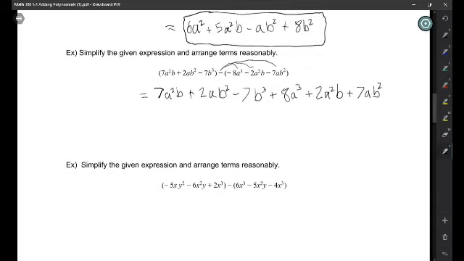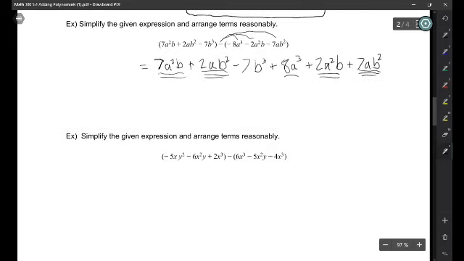Now you combine like terms. So highest powers of a, next highest powers of a, and lowest powers of a. Then a term with no a. So we get 8a cubed.